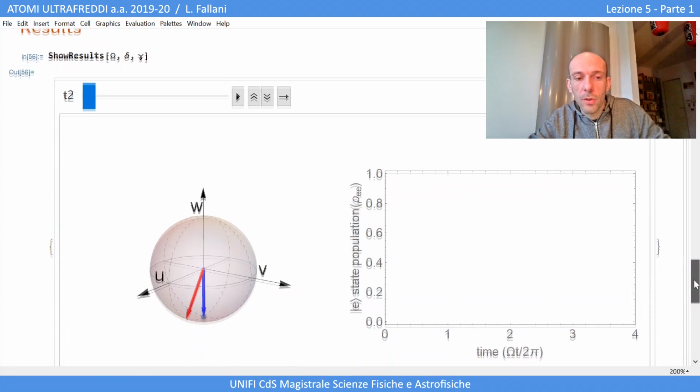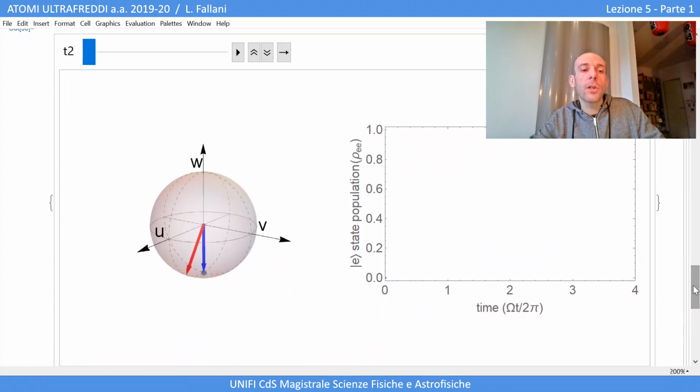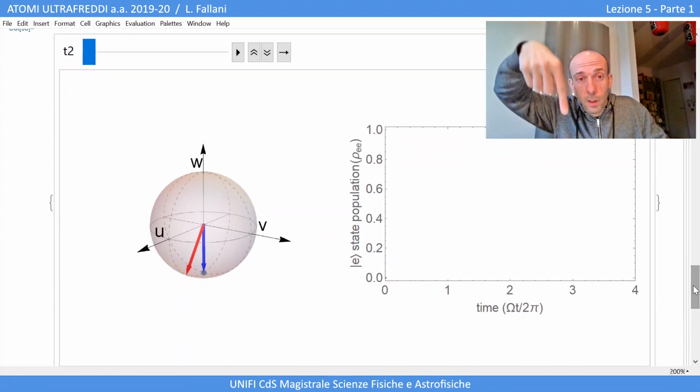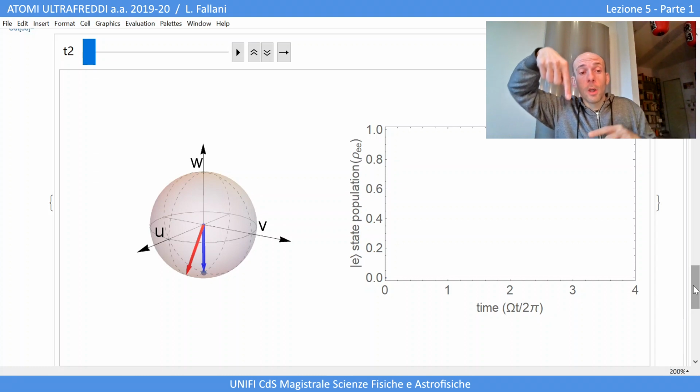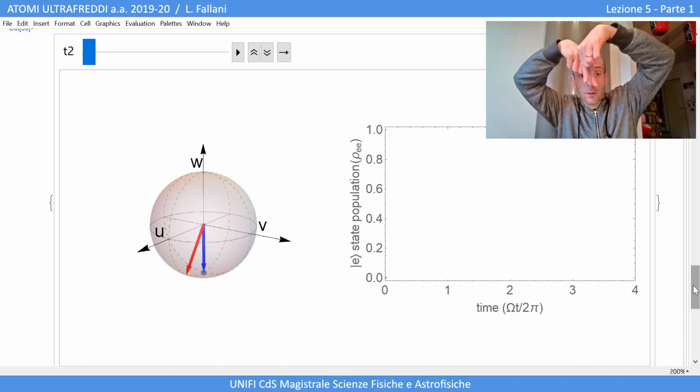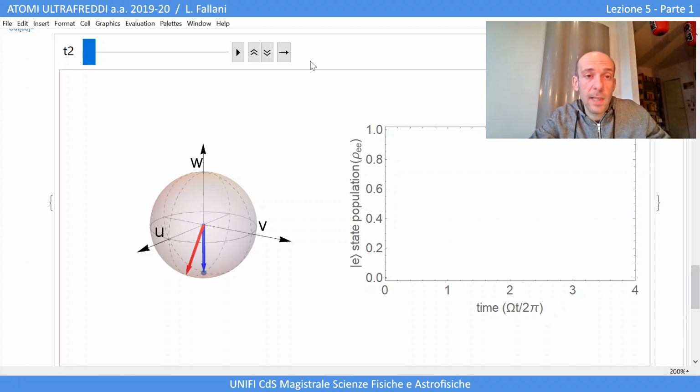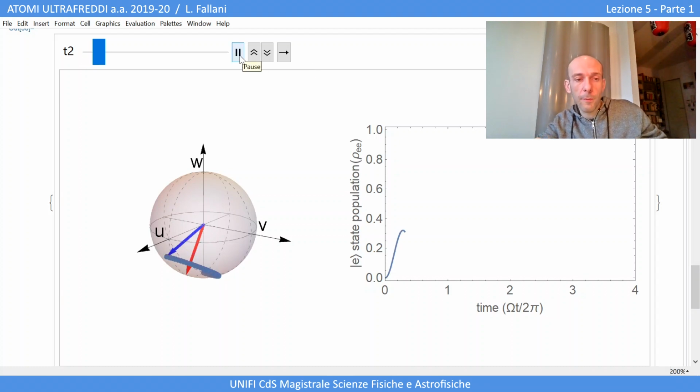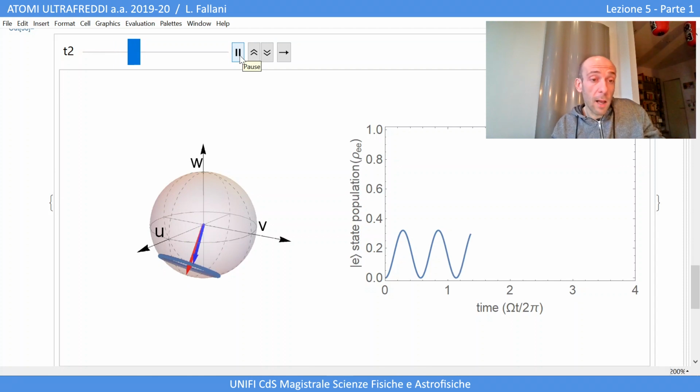As you can see, the red vector is pointing more to the south pole, so the angle of the Rabi vector with the Bloch vector will be smaller, and so the precession angle will be smaller, and as a consequence, the amplitude of the Rabi flopping will be reduced. In this particular example, the maximum amplitude of oscillation will be lower than 1/2.